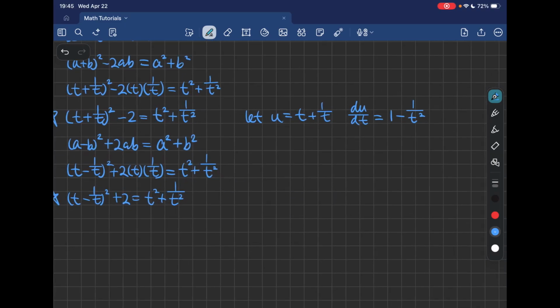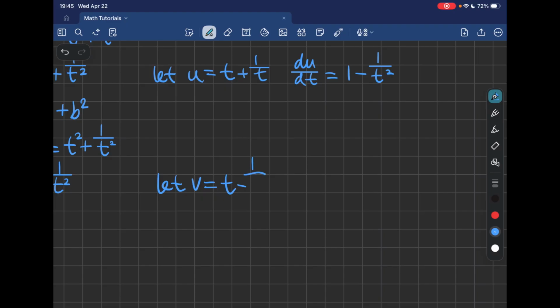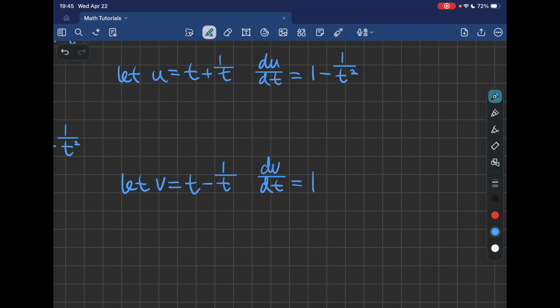You will see why I'm doing this later. Let v equal t − 1/t. Oh, that's a little messy. So dv over dt equals 1 + 1/t².